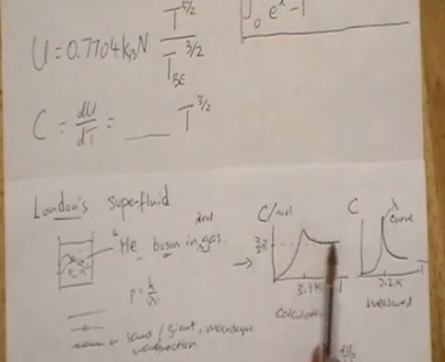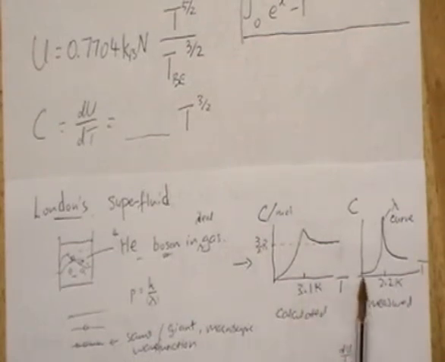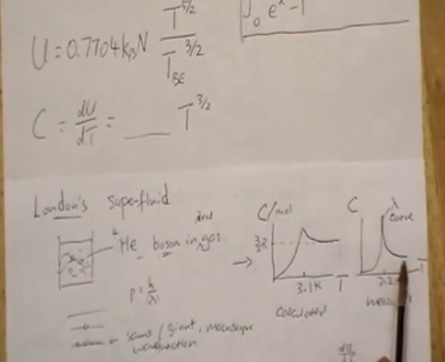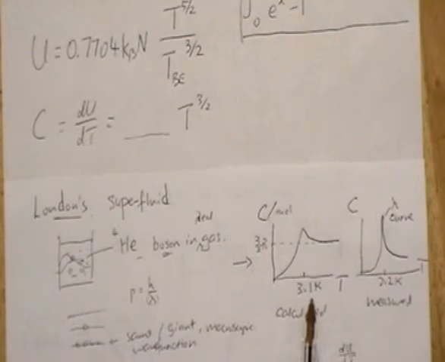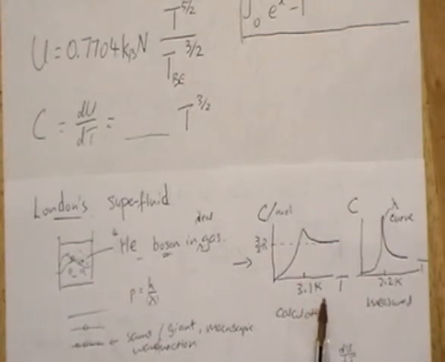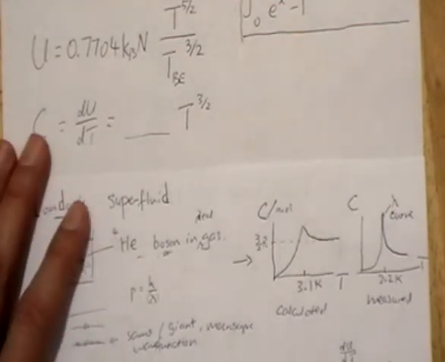The fact that the shape and the peak temperature is similar to those of the measured heat capacity suggested to London that this might be a possible explanation for superfluid helium. So now we want to see how this result came about.